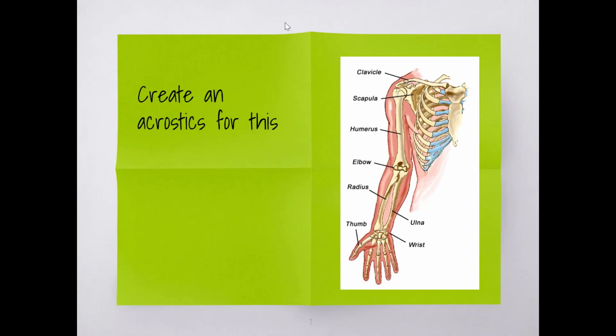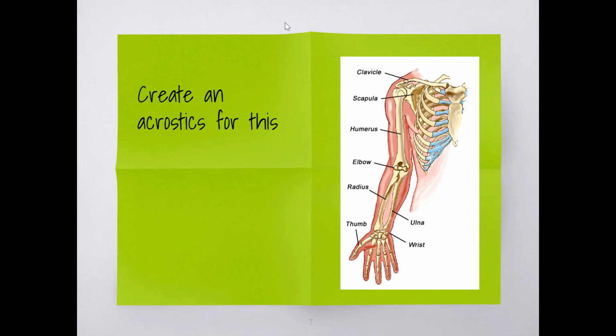Okay. Now let's practice this one. Come up with an acrostic to help you remember the bones in your arm. Okay. So you have C, S, H, E, R, U, W, and T. Okay.